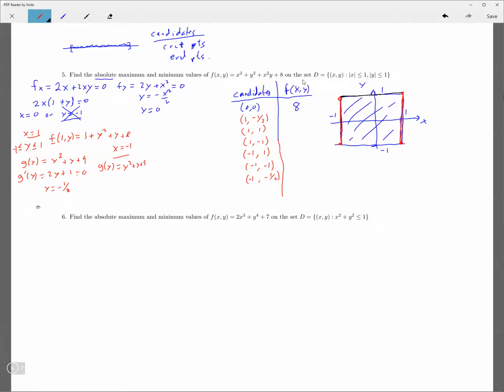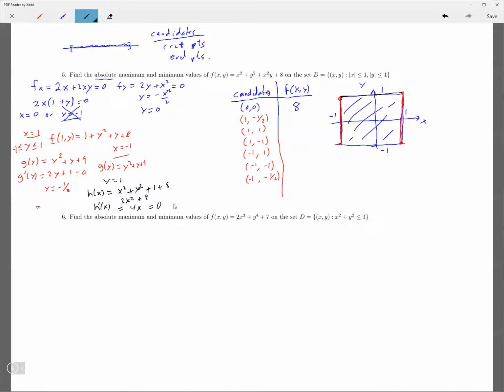Okay, now let's make y equal to 1. So if you set y equal to 1 in here, then you're going to get x squared, and then that's a 1, so that's plus another x squared, so you get 2x squared plus 9, and then h prime is 4x.